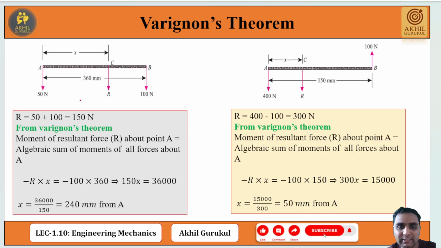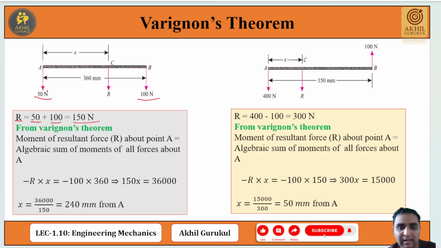Hum log dekhenge do examples hain. Yahan pe one example, ek bar hai AB. At the point A, 50 Newton is acting load. At the point B, 100 Newton is acting. So what is the resultant of this force system? So resultant should be R. So R equals 50 plus 100 equals 150 Newton.